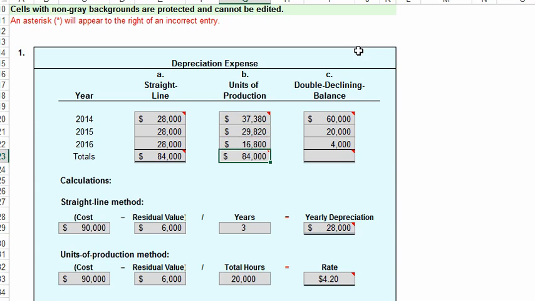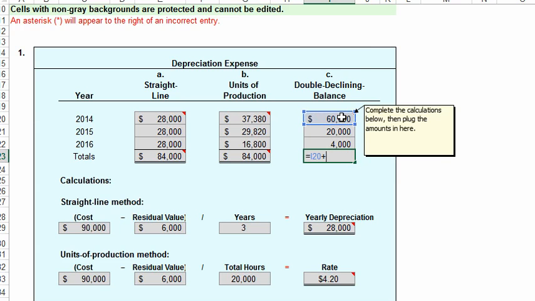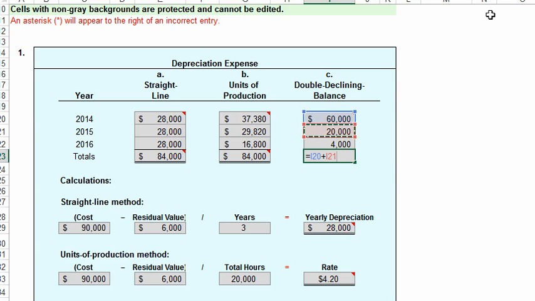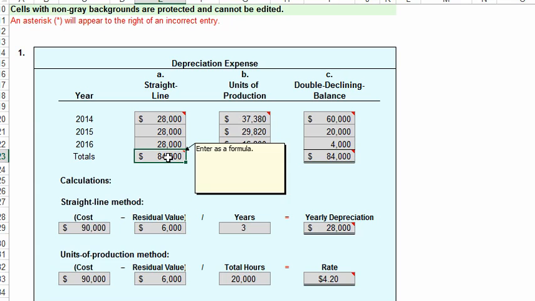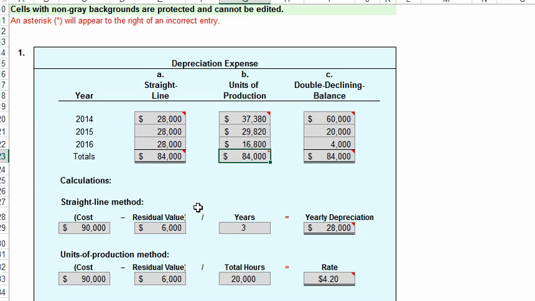Look at that, we get 84,000 again, and 60,000 plus 20,000, you can probably already see this one, plus the 4,000. So no matter which method you use, over the life of the asset, you're going to take the same amount of depreciation, 84,000, no matter which method you use. And that 84,000 is your cost minus your residual value. So that total should be cost minus residual value. Should come back to that on all three.